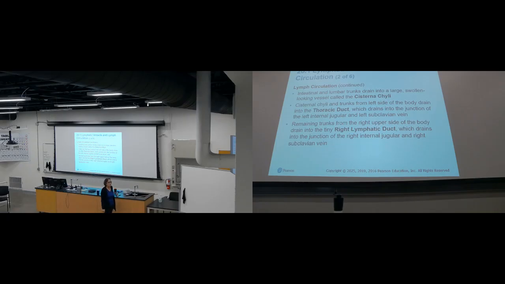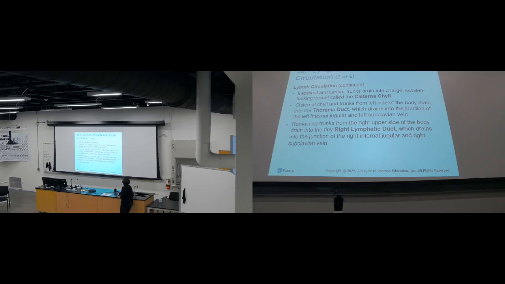So the intestinal and the lumbar trunks drain into a large swollen vessel that is called the cisterna chyli. It's located posteriorly in the abdominal cavity, almost at the level of the navel area.